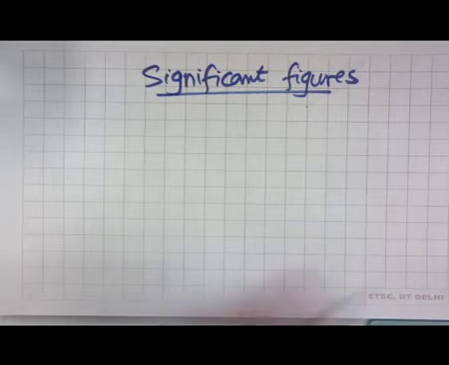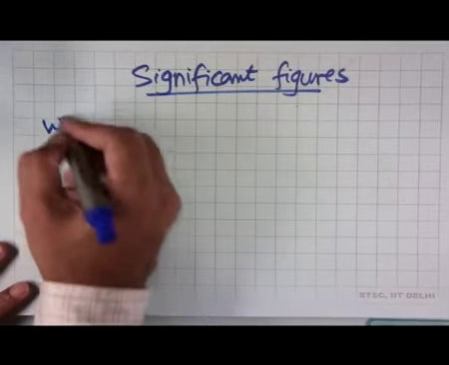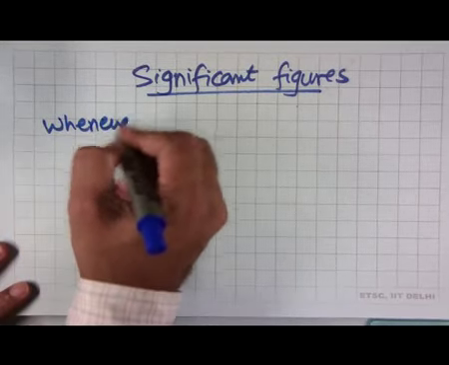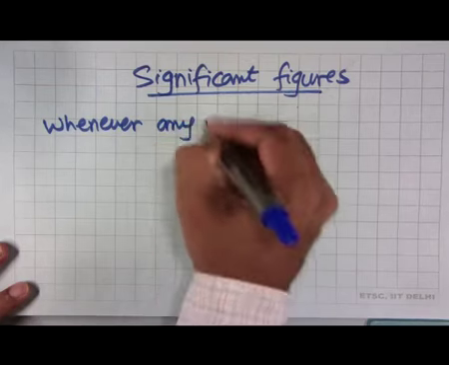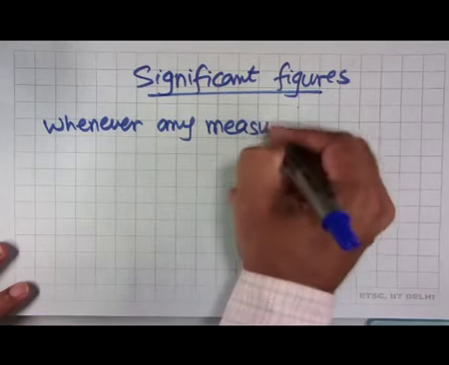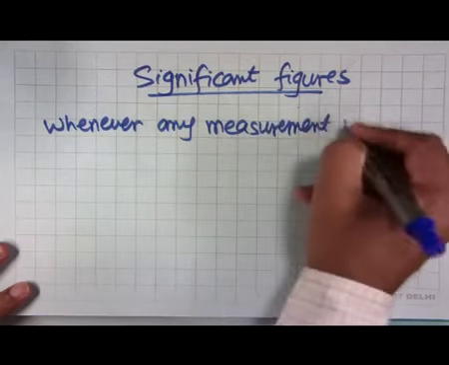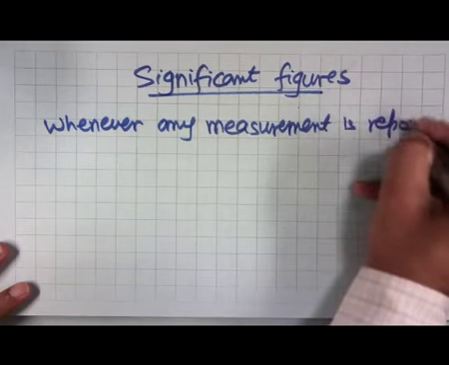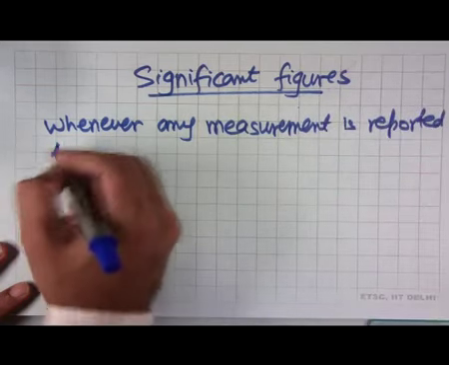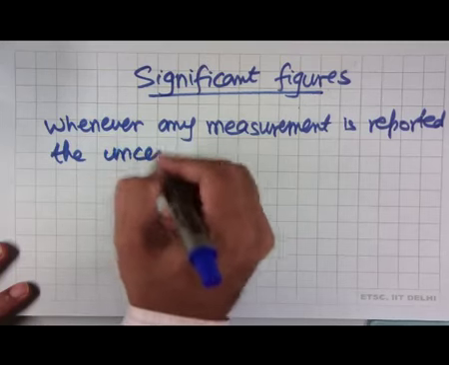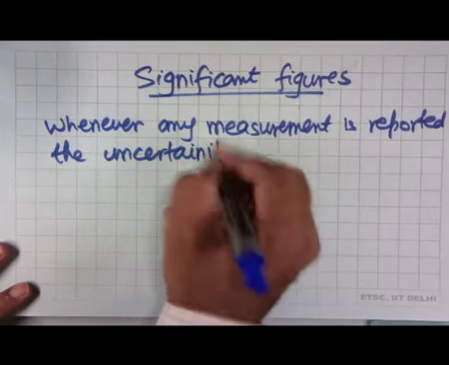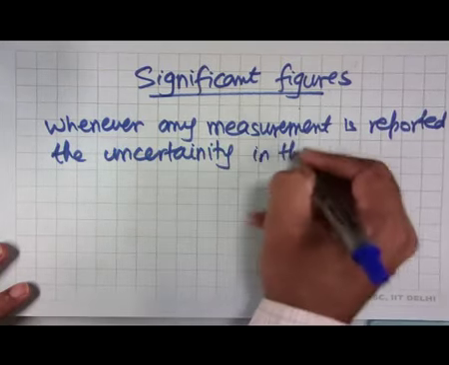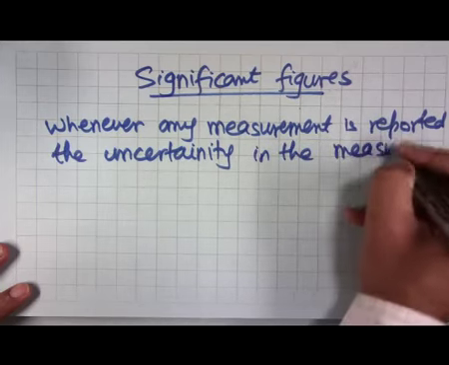Whenever any measurement is reported, the uncertainty in the measurement is in the last digit.